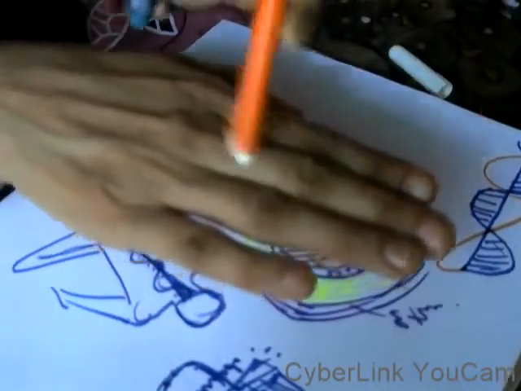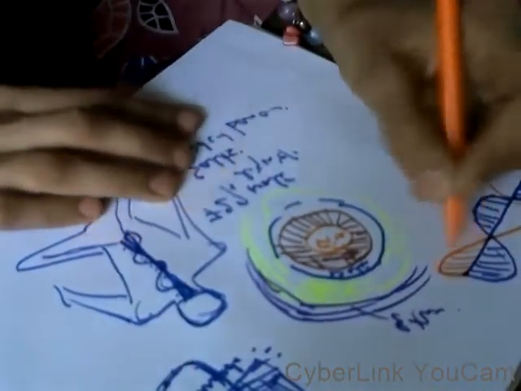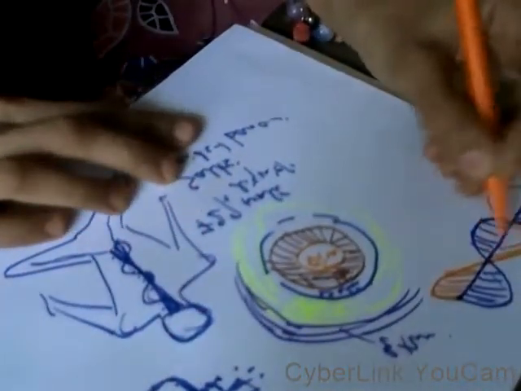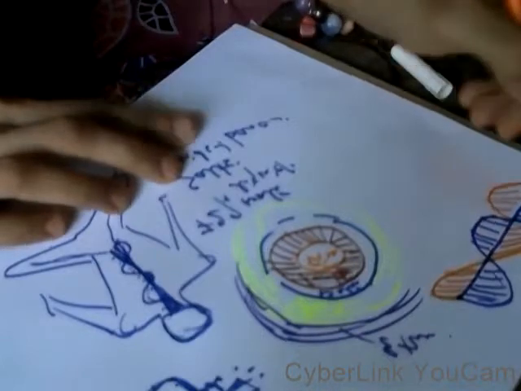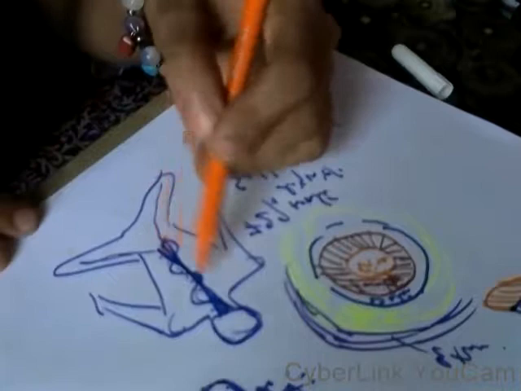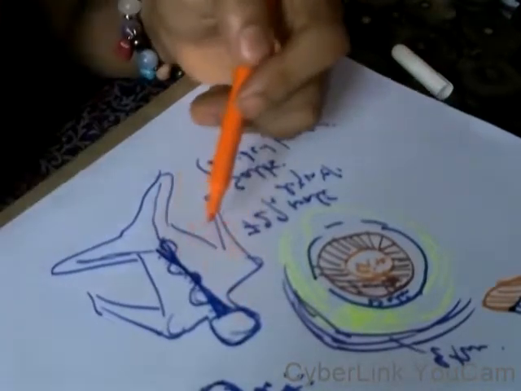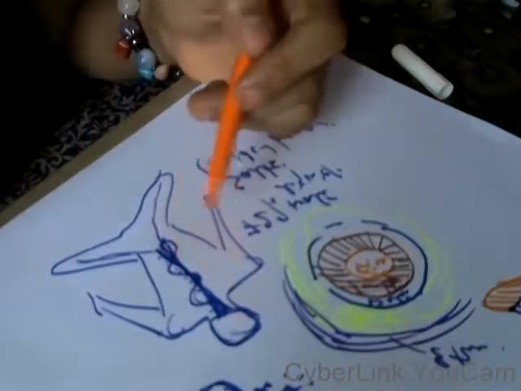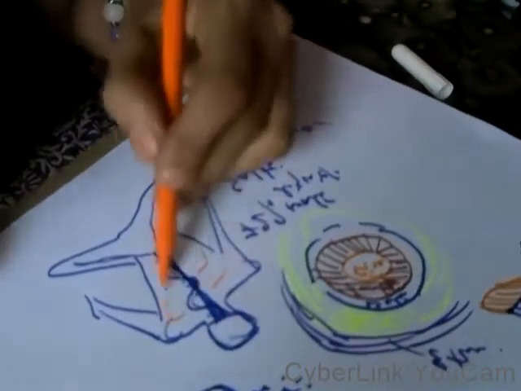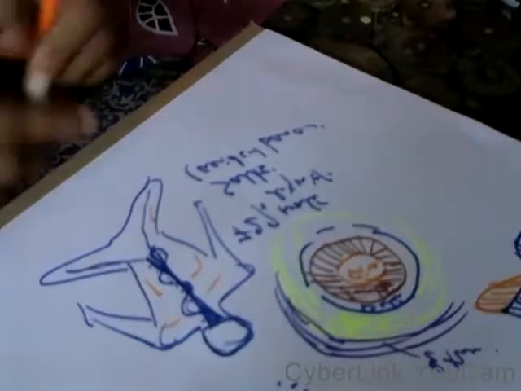This is the electrical signals, and this is the magnetic field. So while the electric signals pass through the spinal cord, which of course is connected to innumerable nerves in our body, there is a magnetic field that is created.